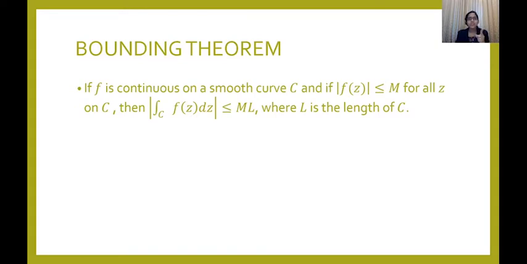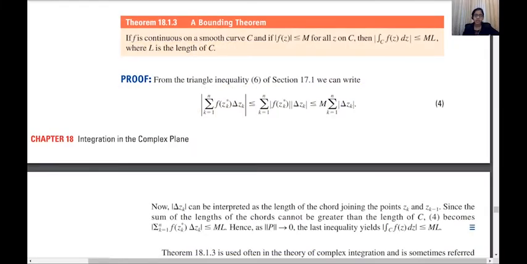M is the bound of f(z), and L is the length of the curve. These are the two things we'll have to determine to find the bound of the contour integral.